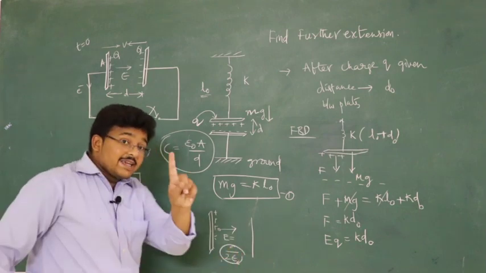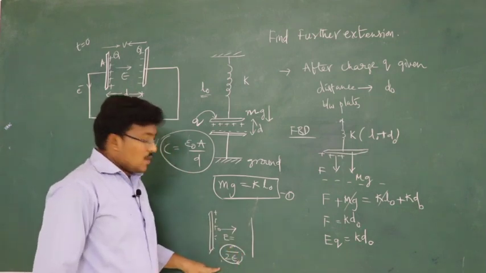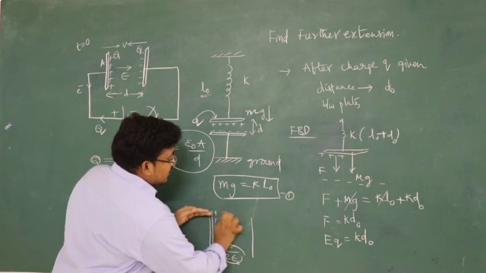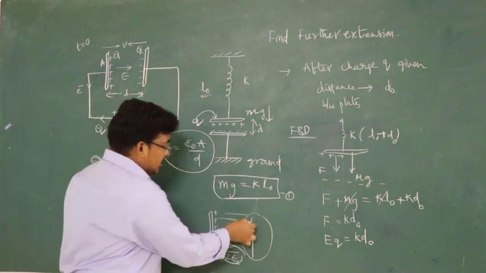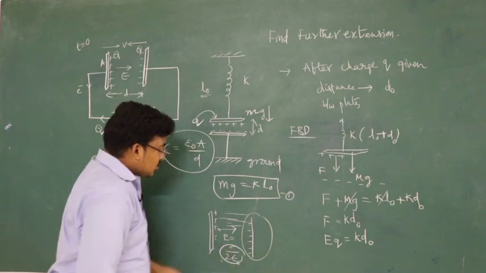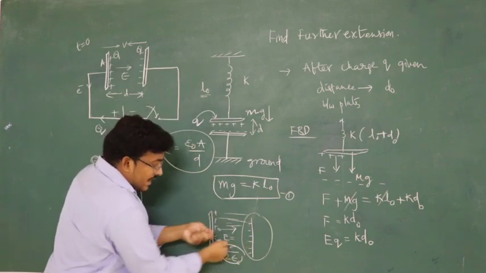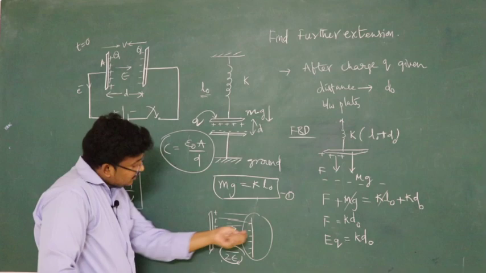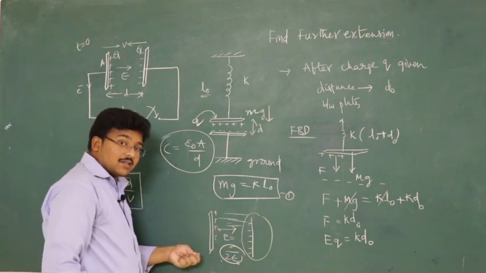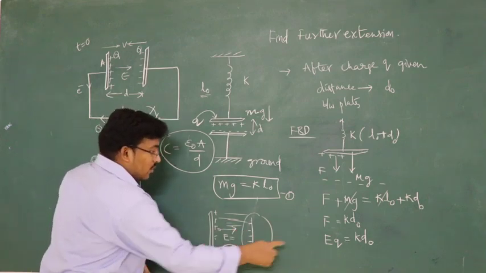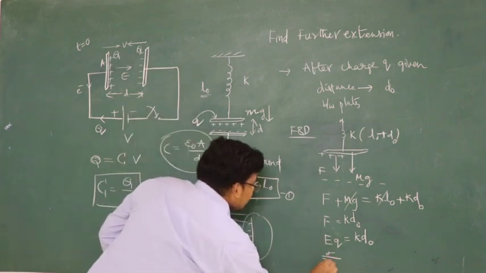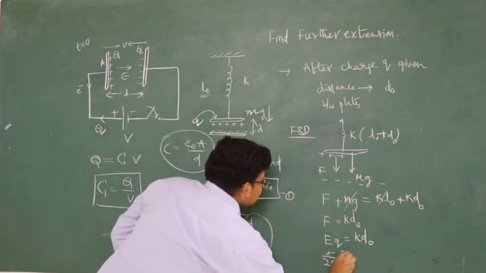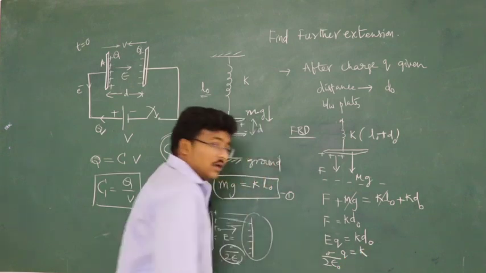In this field the negative plate was kept, which will attract it. So you can take E as sigma by 2 epsilon naught, into q is equal to k d naught.